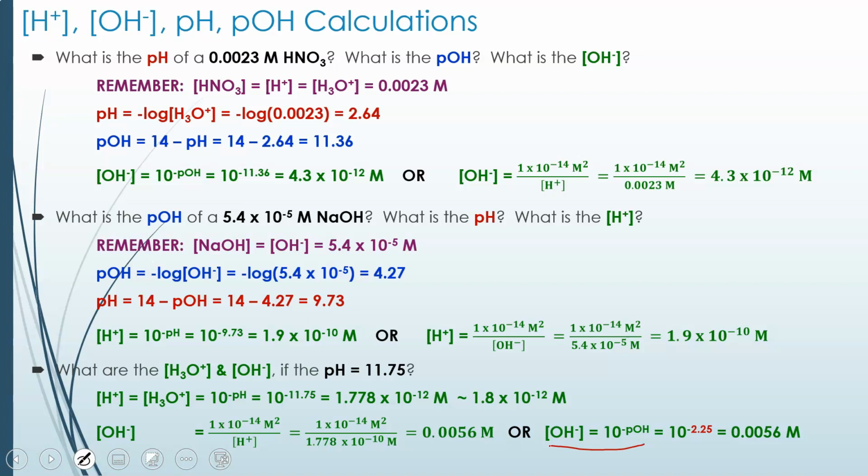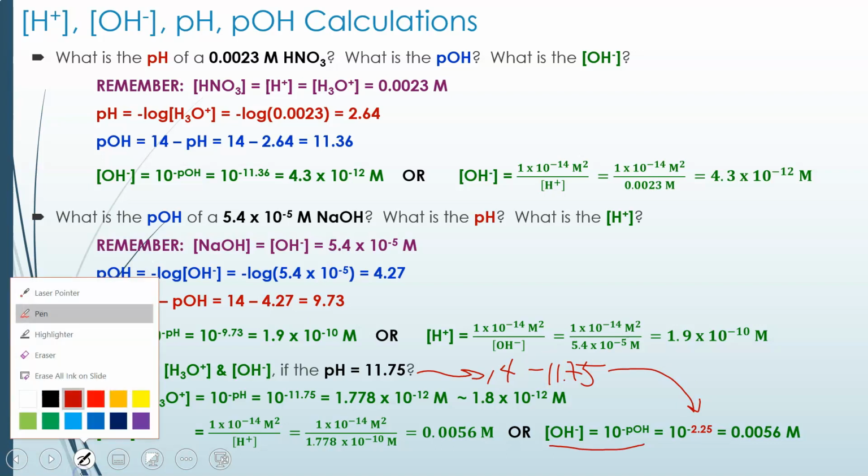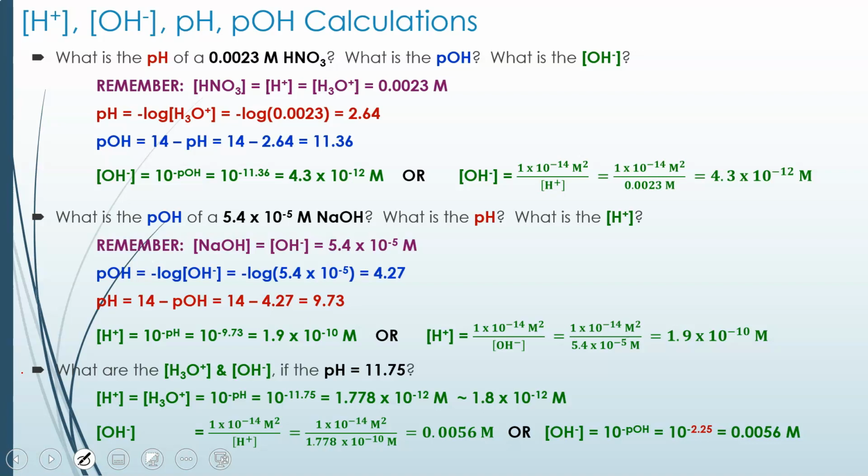Now that we have the pOH, which we could get very quickly from this value, it'll be 14 minus 11.75 or 2.25. We can plug that in and get it as well. So you have two routes again here to get your final result. And with that, we'll stop here.